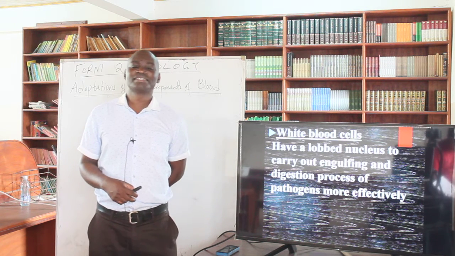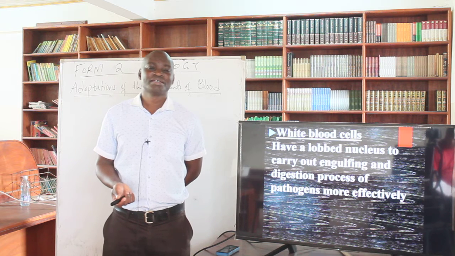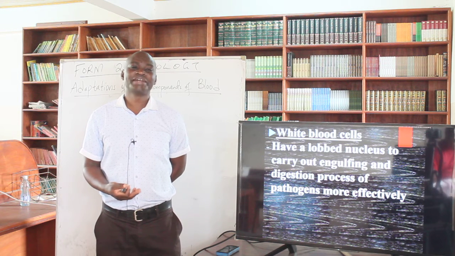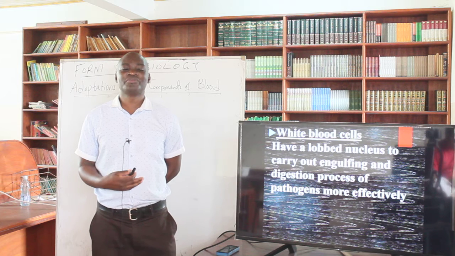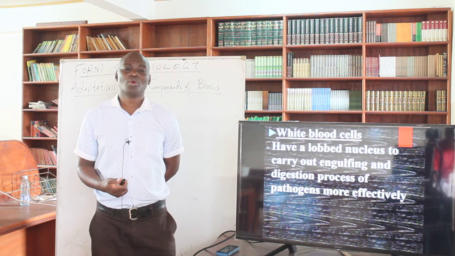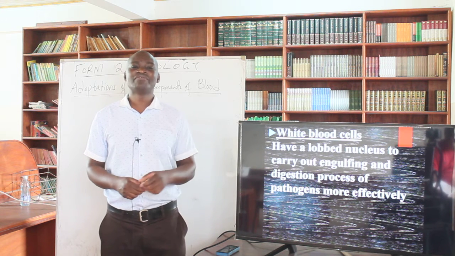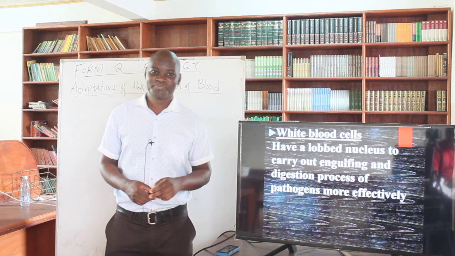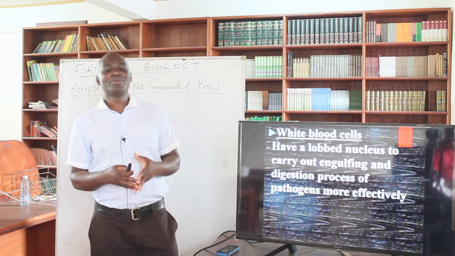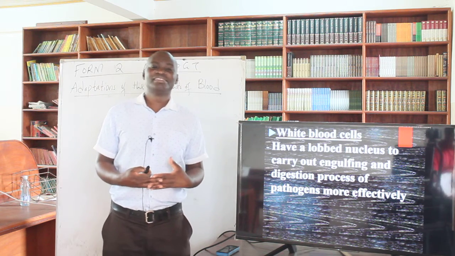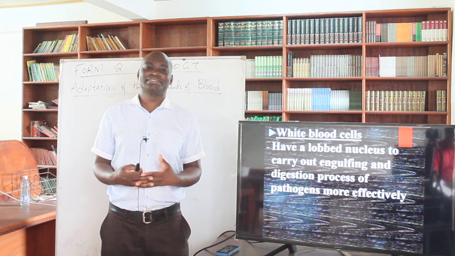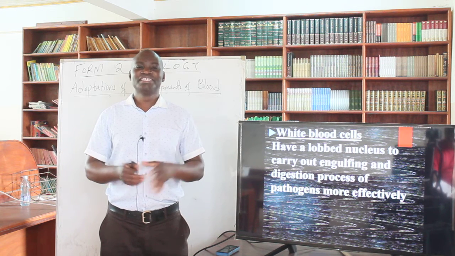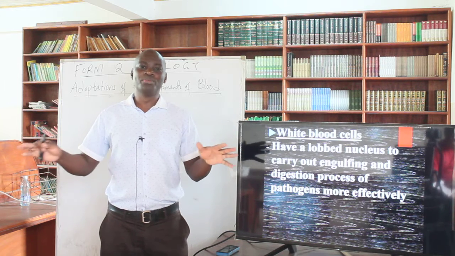Now, when you look at white blood cells, we say they are somehow different from red blood cells because they have a nucleus. They are nucleated, and this normally assists them. The shape of the nucleus allows them to engulf. You see, the nucleus is branched, it's lobed.